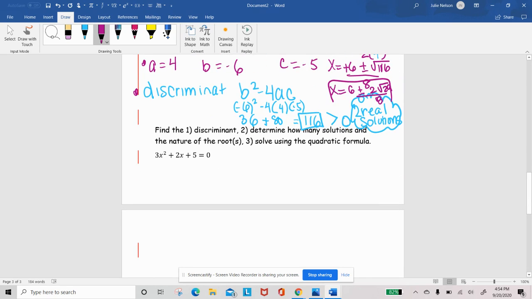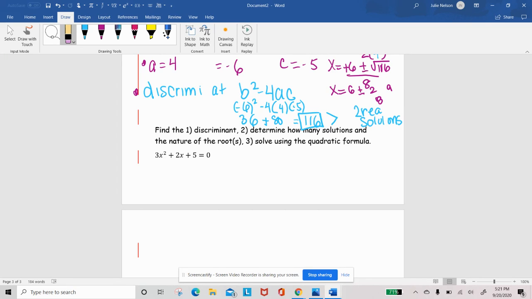So 3x squared plus 2x plus 5 equals 0. First thing I do is check that my equation has to equal 0.